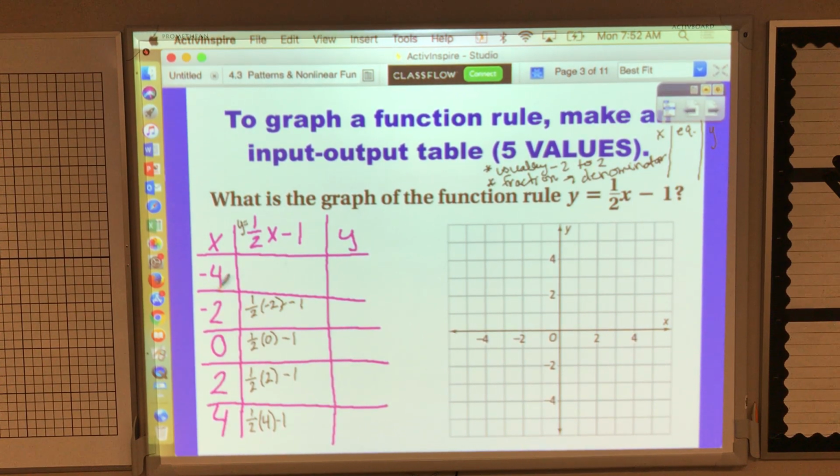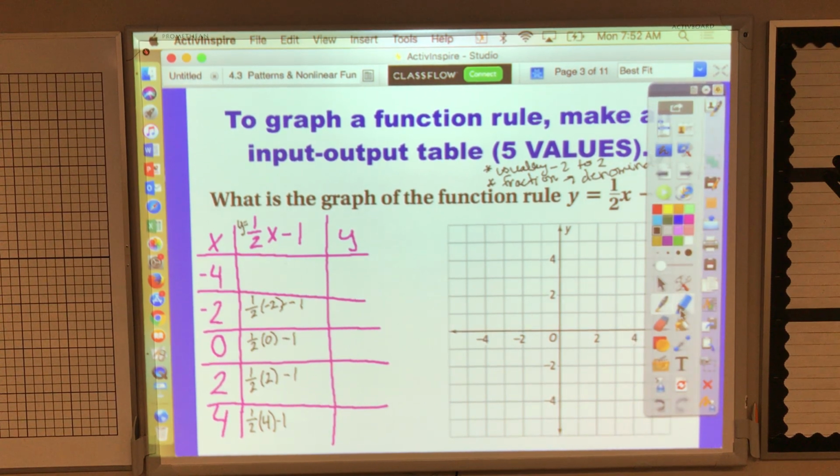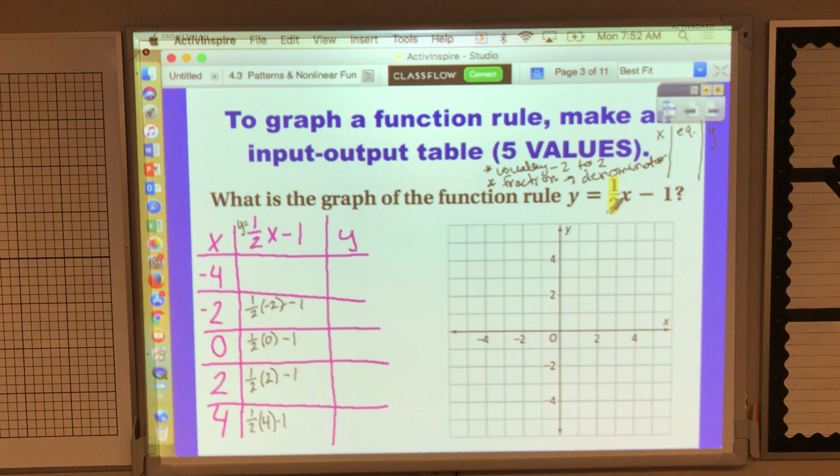So to solve it, I have 5 values, 1, 2, 3, 4, 5, and I chose these numbers rather than -2 to 2 because I have this fraction. My coefficient of x is 1/2, which means I want to count by whatever my denominator is, which is 2. So if I'm at 2s, I count -4, -2, 0, 2, 4.